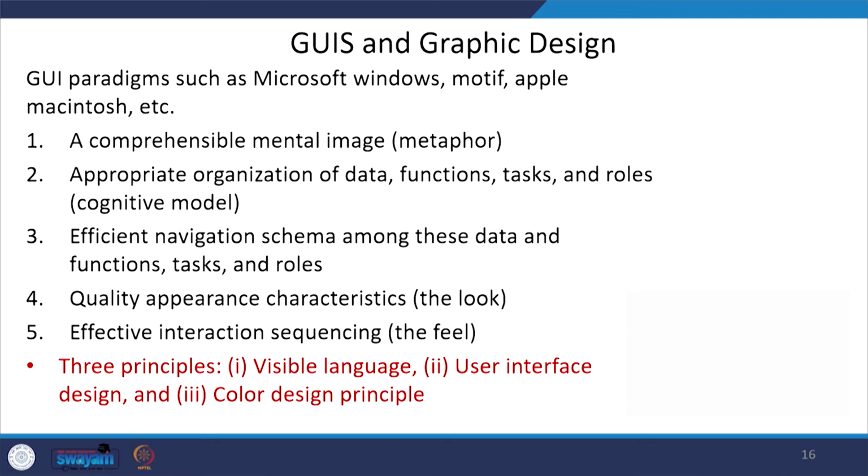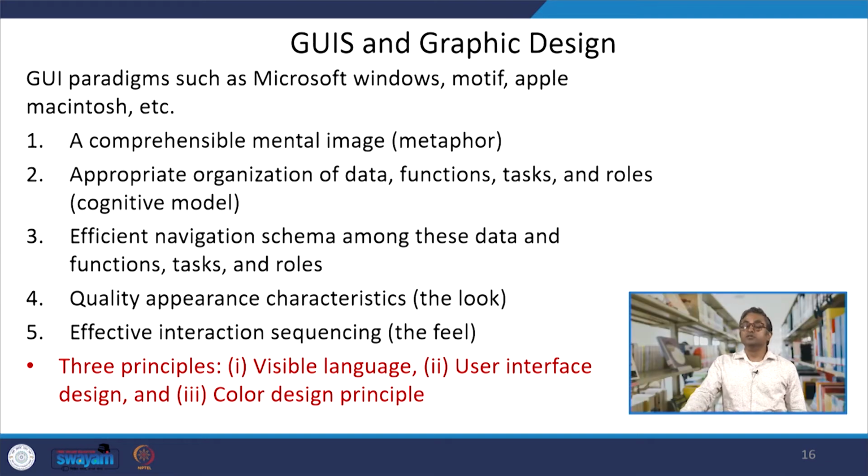That is metaphors. Appropriate organization of data, function, task, and roles is there. We have to use the graphical user interface to organize the data set. We have to use the graphical interface to design the functions so they become so prominent, promising and sound that there should not be any doubt or any violation.